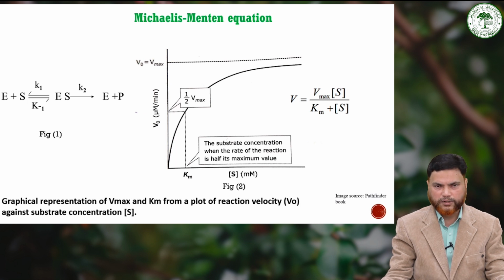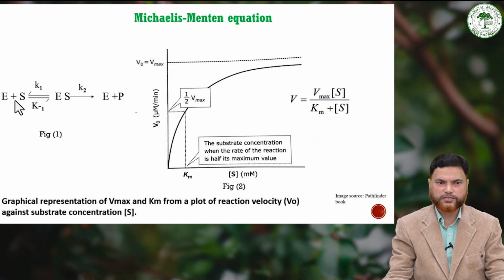In this model, the enzyme combines reversibly with the substrate to form an enzyme substrate complex, which then produces the product, restoring the free enzyme. In this reaction, a single substrate has been taken to explain the Michaelis-Menten equation.